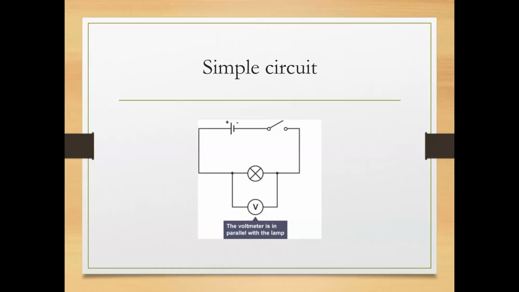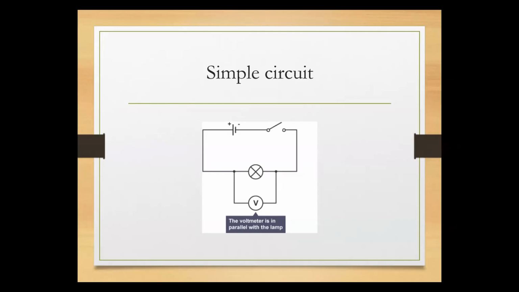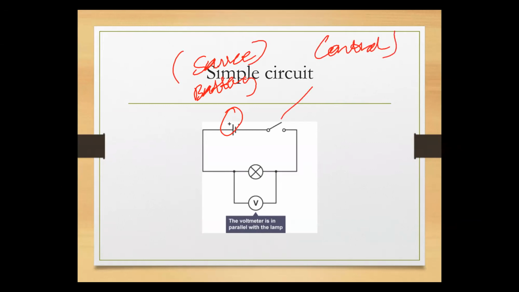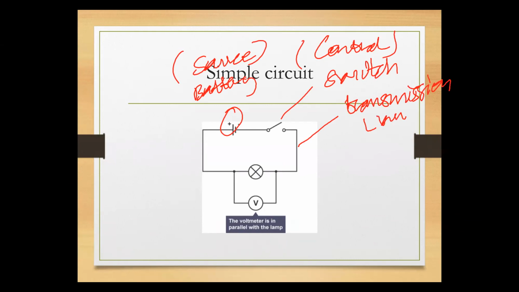Now, simple circuit. They even gave us another simple circuit now. On this one, take a look. We have our source, battery, we say it's called the source. We have our control, which is the switch. We have our wires, which is the transmission system. These are wires.